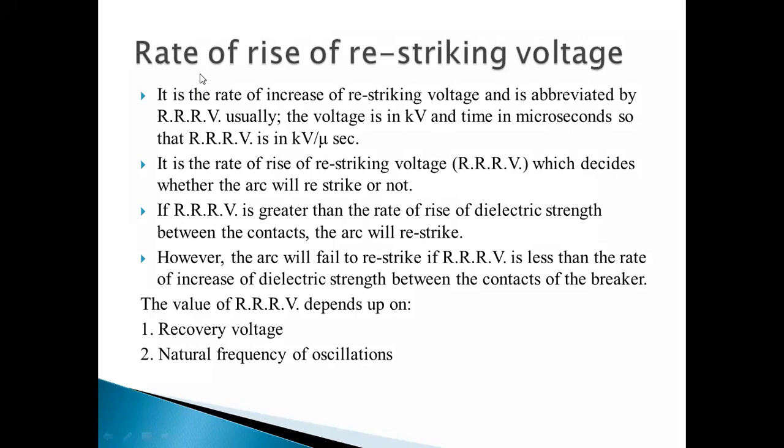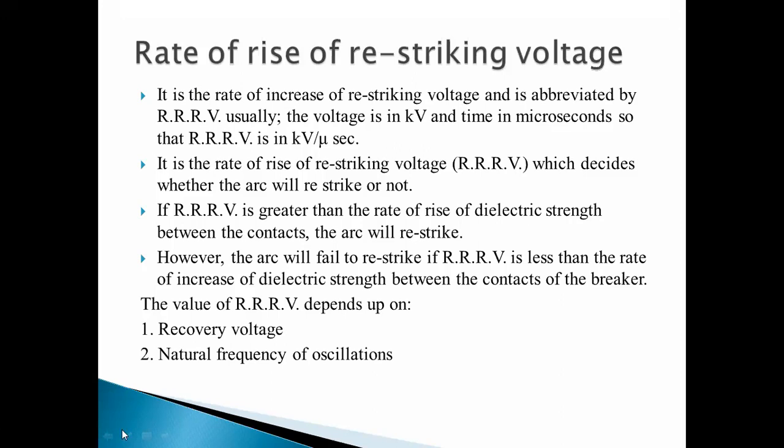Yesterday we have seen that there is dielectric strength and also this restriking voltage, but when this restriking voltage increases faster as compared to the rate of rise of dielectric strength, then your arc will again restrike. However, the arc will fail to restrike if the RRRV is less than the rate of increase of dielectric strength between the contacts of the circuit breaker.